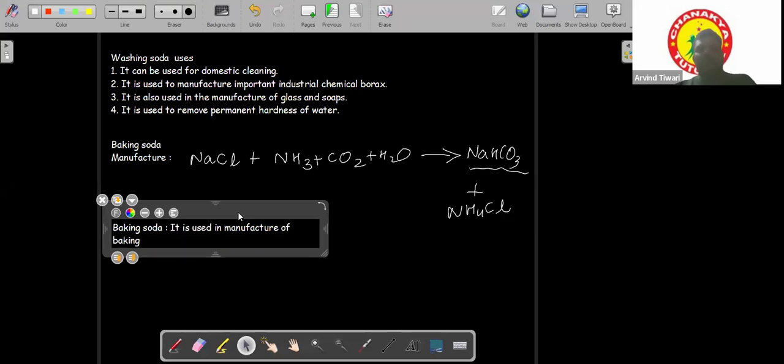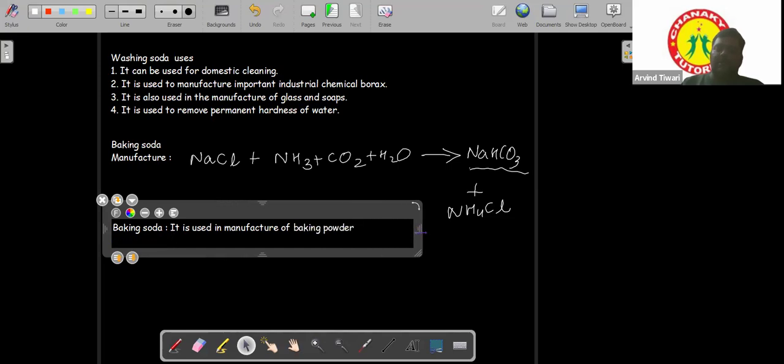So what we use in cakes is baking powder and not baking soda. Baking soda is the one which we use as an ingredient of baking powder. Your baking powder contains a number of other reactants, other than baking soda. We will discuss what other chemicals can be present over there. Got it? So baking soda is used in manufacture of baking powder.